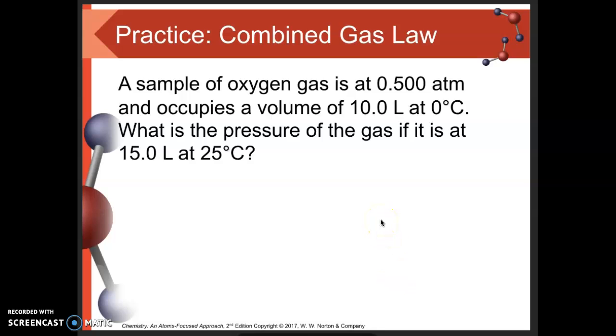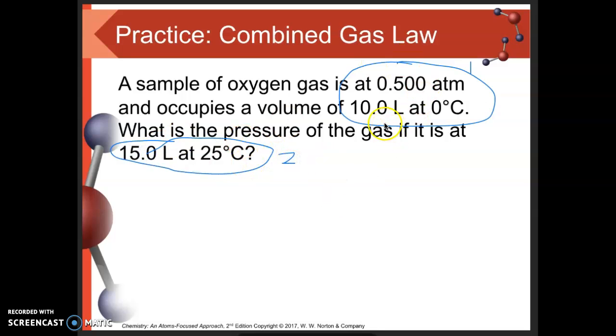So in this example, I have a sample of oxygen gas at 1/2 of an atmosphere, taking up 10 liters of space at 0 degrees Celsius. What is the pressure of the gas if it is at 15 liters and 25 degrees Celsius? Now, obviously we've got one set of conditions here and a second set of conditions here.